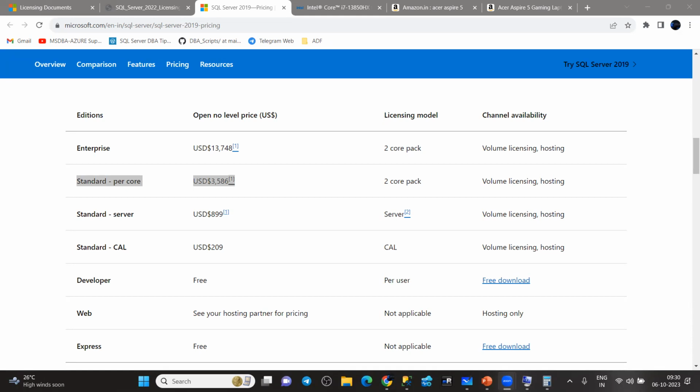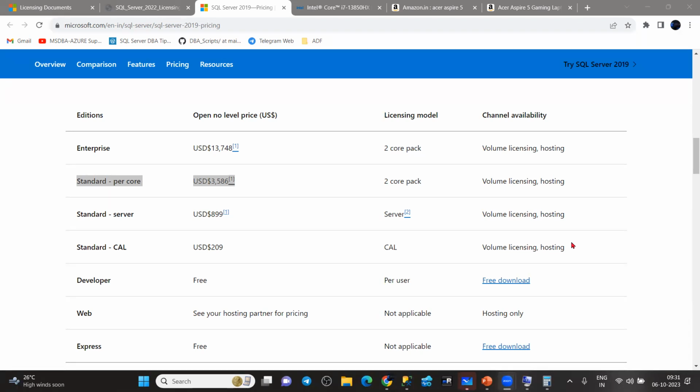They will go to different vendors, buy, and start bargaining. Yes or no? Yeah, that is what happens in the backend. So when you go for core based license, in the real world, mostly we go for core based license only, sir.